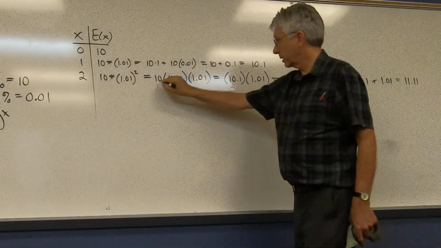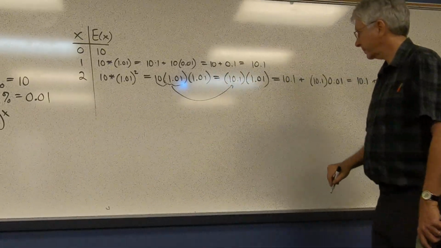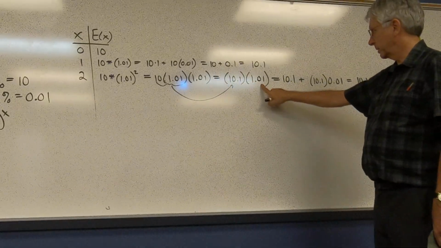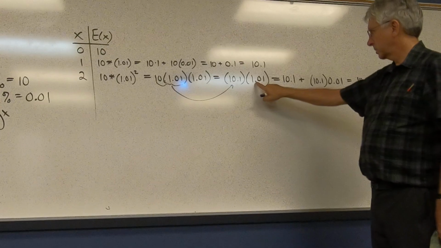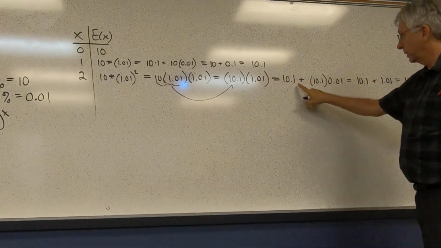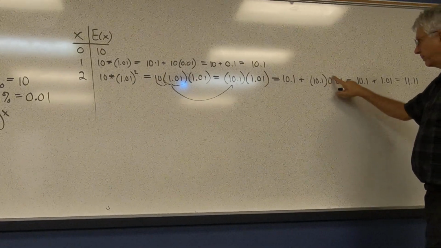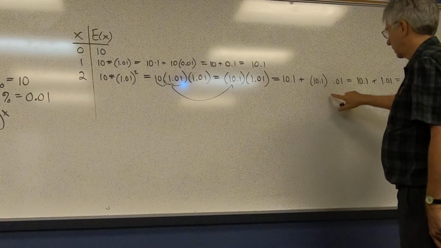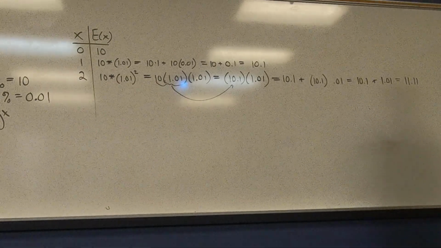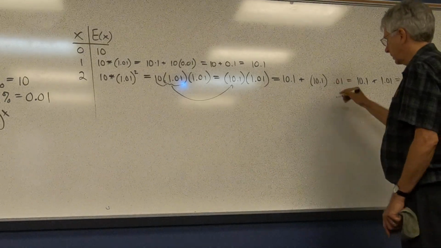That's this product here. And then we're going to grow that by 1%. So that's the 10.1 that we had after 1 unit of time, plus that amount grown by 1%. That was correct, okay.